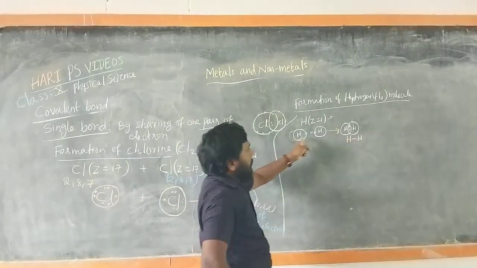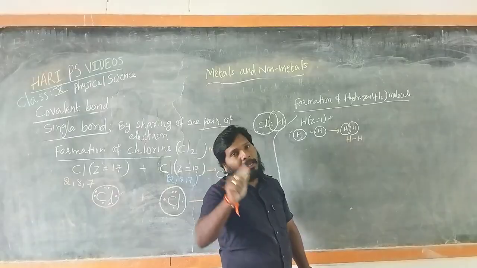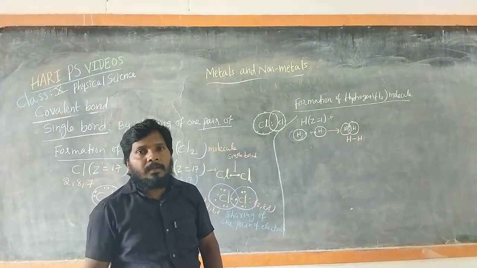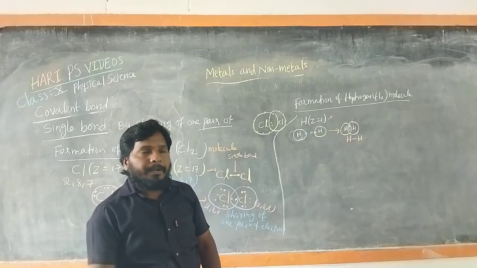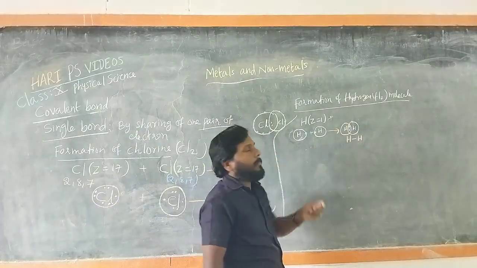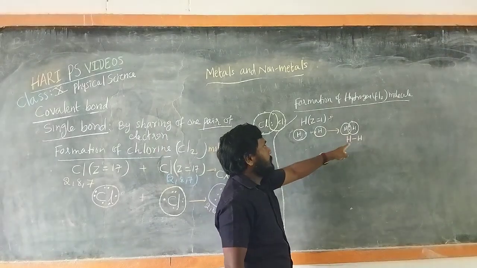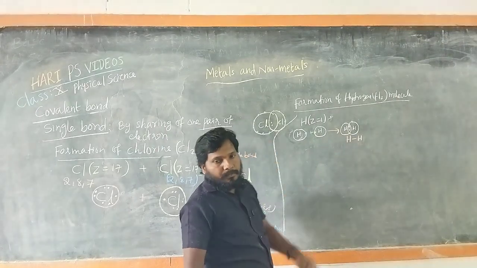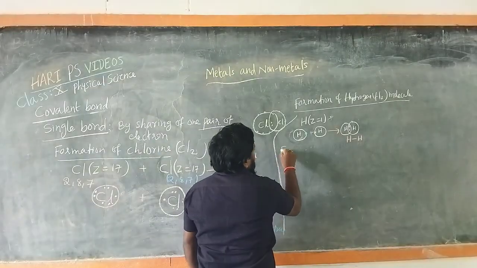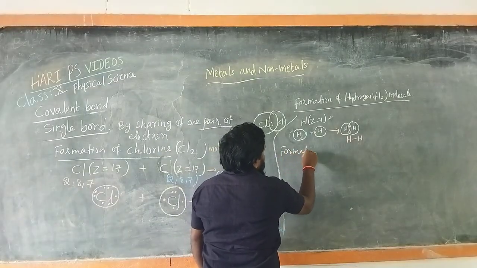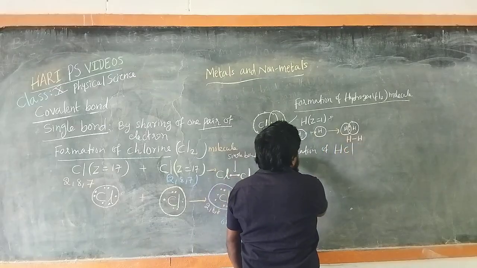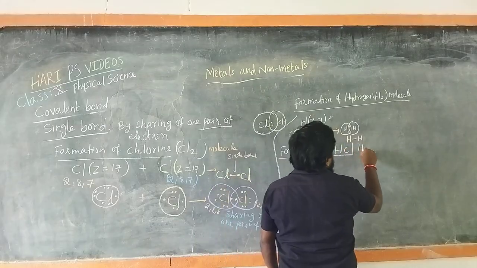So here how many electrons are shared? One pair of electrons. One pair of electrons means two electrons are shared by the hydrogen atoms and form a hydrogen molecule. So this is the hydrogen molecule.